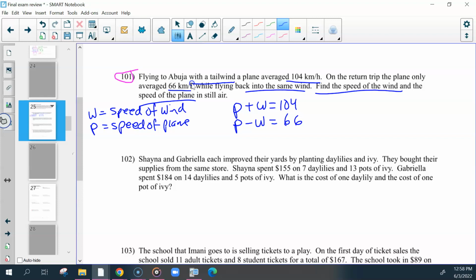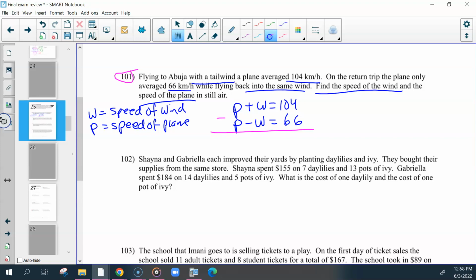Then we need to solve this, so you have different options. You can solve by graphing, by substitution, by elimination. It also doesn't matter which one you choose to solve. Let's say I want to get rid of P's first. I could subtract these two equations together.